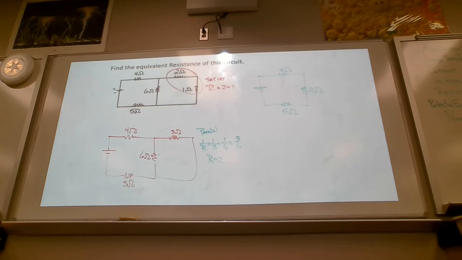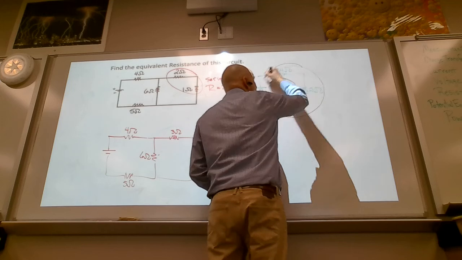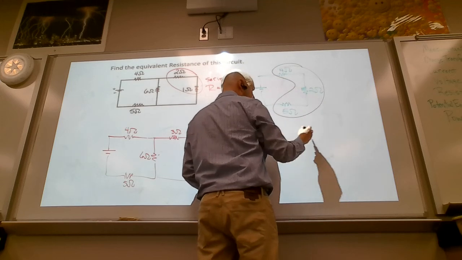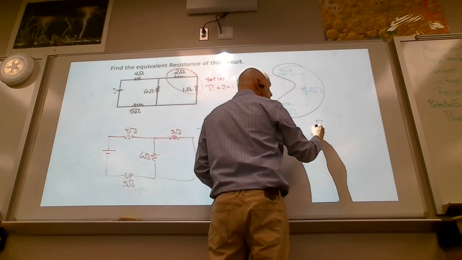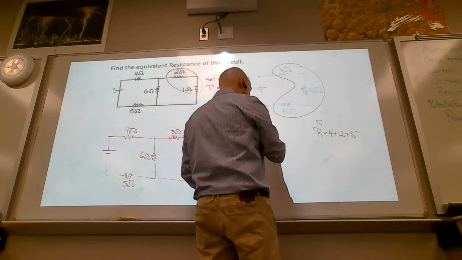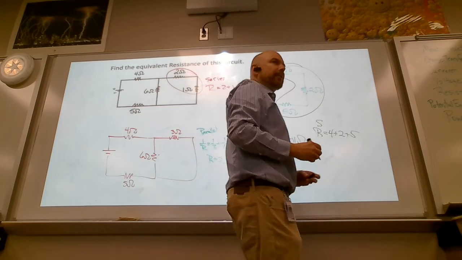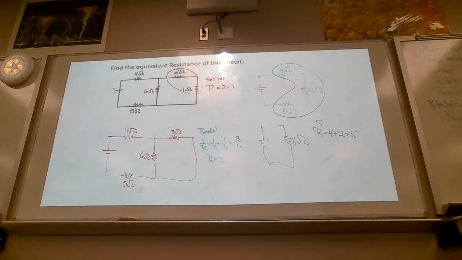If I pulled out the 2, what else goes out? 4 and 5. If I pulled out the 5, 4 and 2 go out. So these 3 are wired how? Series. So all I do is straight up add them. 11 ohms. Good at that?